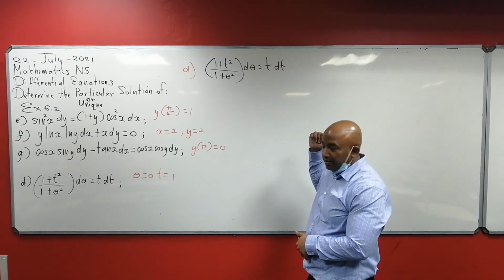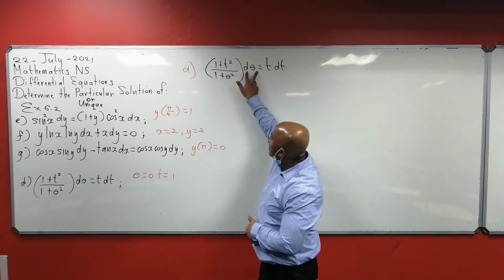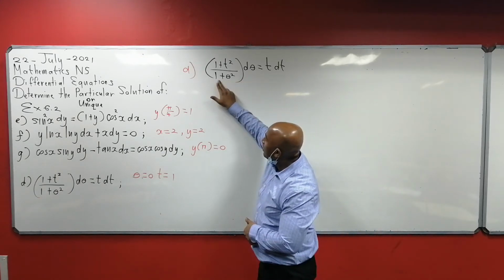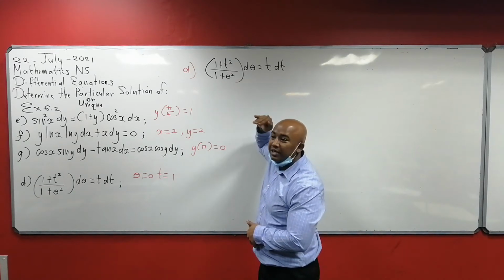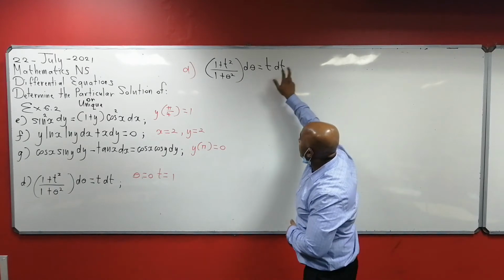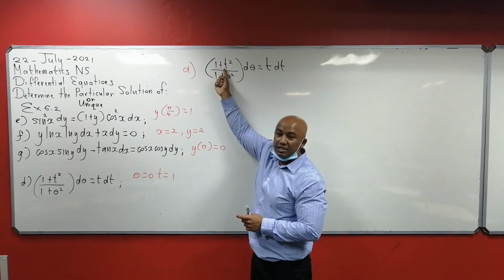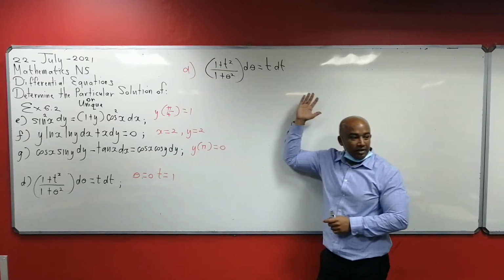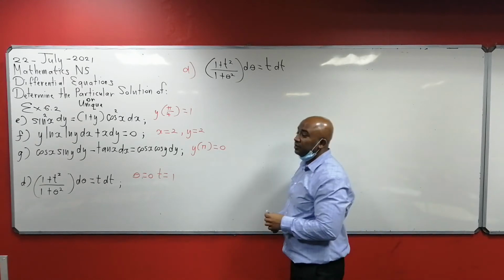Here I got 1 plus theta squared as a denominator on the left, which I'm going to leave there. Since I got the t and the dt on the right hand side, I need to get 1 plus t squared also on the same side as dt. So what will I do?